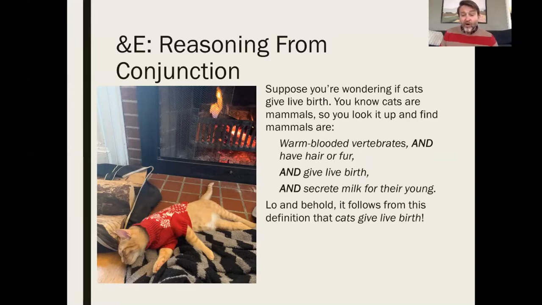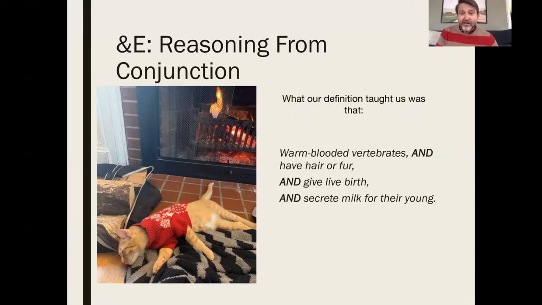So lo and behold, it follows from this definition, assuming the truth of this definition, that cats do give live birth. So what our definition taught us was this complicated statement, that cats are warm-blooded vertebrates and have hair or fur and give live birth and secrete milk for their young.